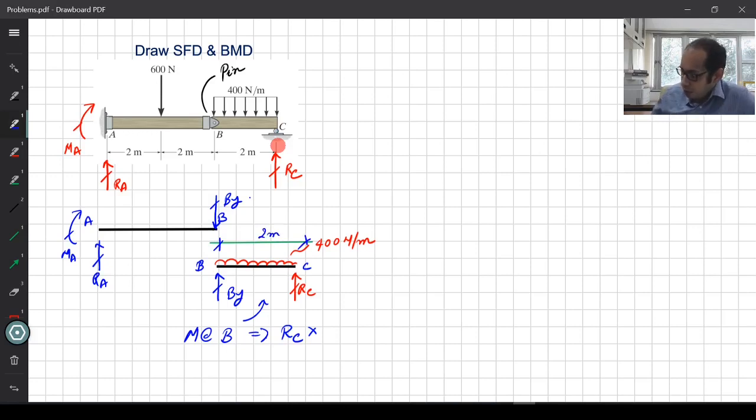So RC times 2 will be equal to 400 times 2, that is the total magnitude of the load, and it acts at the midway, so at 1 meter, times 1. That should give you RC equal to 400 Newton. Right. So now I know that at C the vertical reaction is 400 Newton.